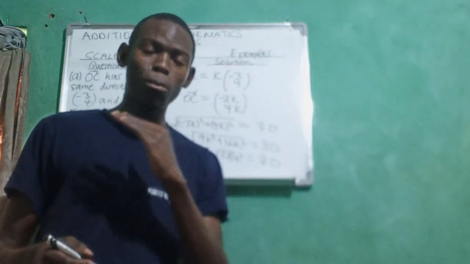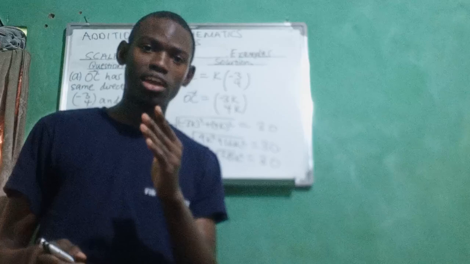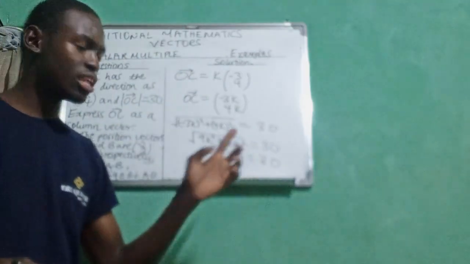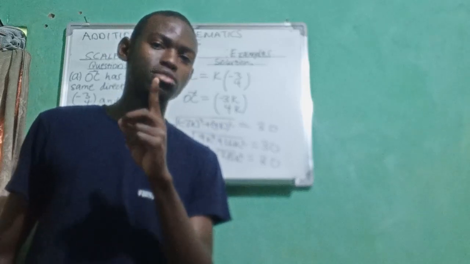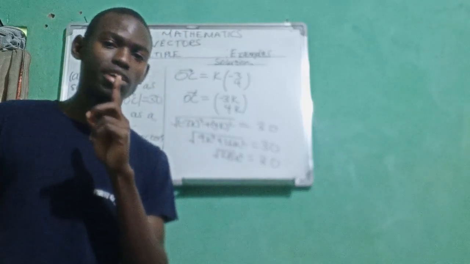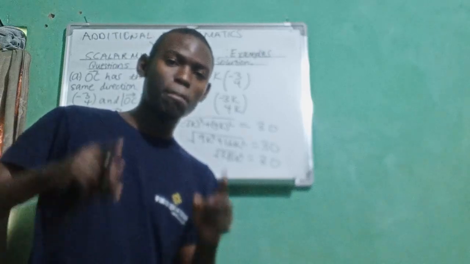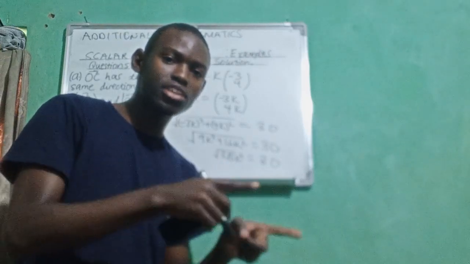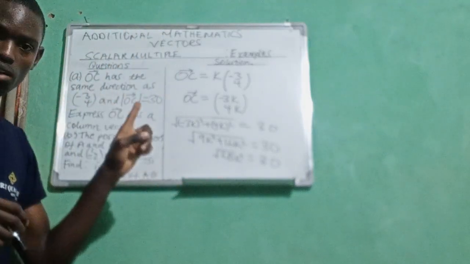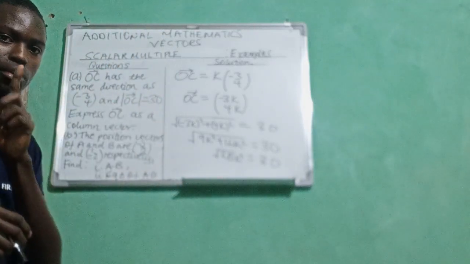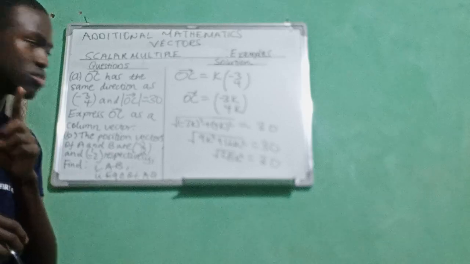If it was in the opposite direction, we would have got the negative. Because this is k squared, it means we have two values of k, but we are just going to take the positive value since it's in the same direction. Two vectors can be parallel in the same direction or parallel in opposite directions. Take note of that. This was parallel in the same direction, so we are only going to take the positive square root.